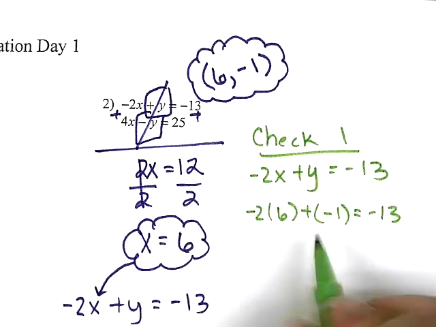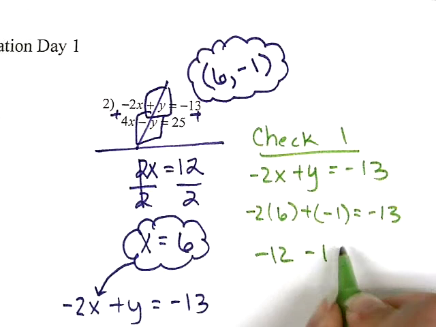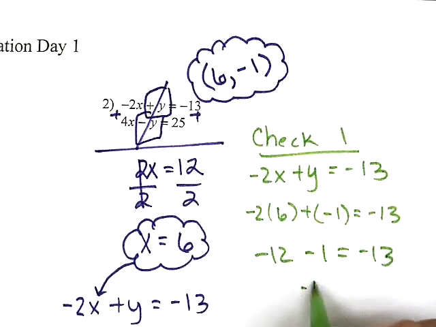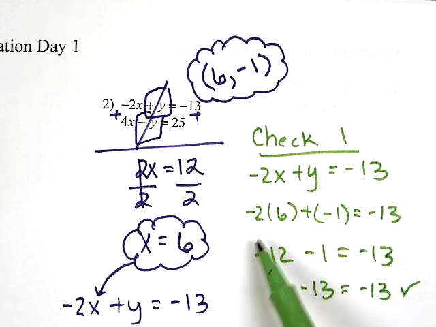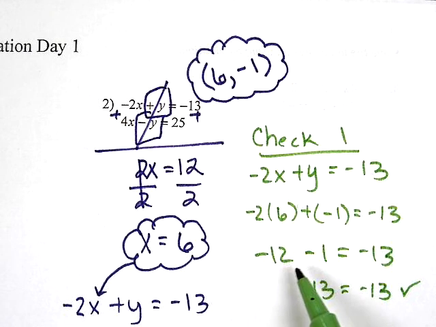Okay, we're not solving anything, we're just simplifying. And you can take out your calculator and double check my math there, but we should get negative 13 equals negative 13, right? Negative 2 times 6 gets us negative 12, and then we're going to subtract 1. Negative 12 minus 1 is negative 13, okay?